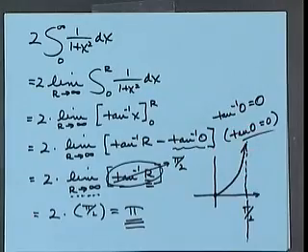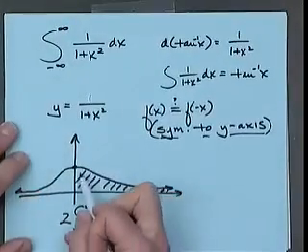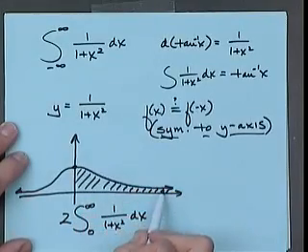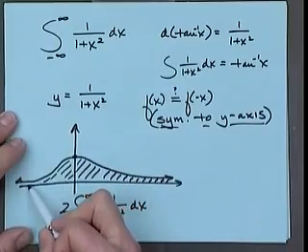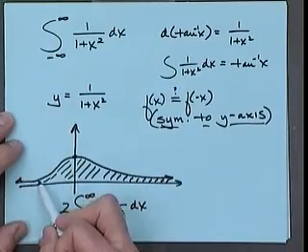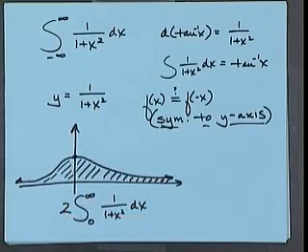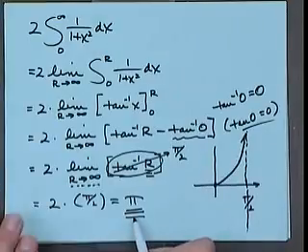So if we go back to our rough sketch, we evaluated this region, and in a sense we got pi over 2. Therefore, this other region is also pi over 2. So the area of this entire region under this curve from negative infinity all the way to positive infinity is a nice clean value, pi.